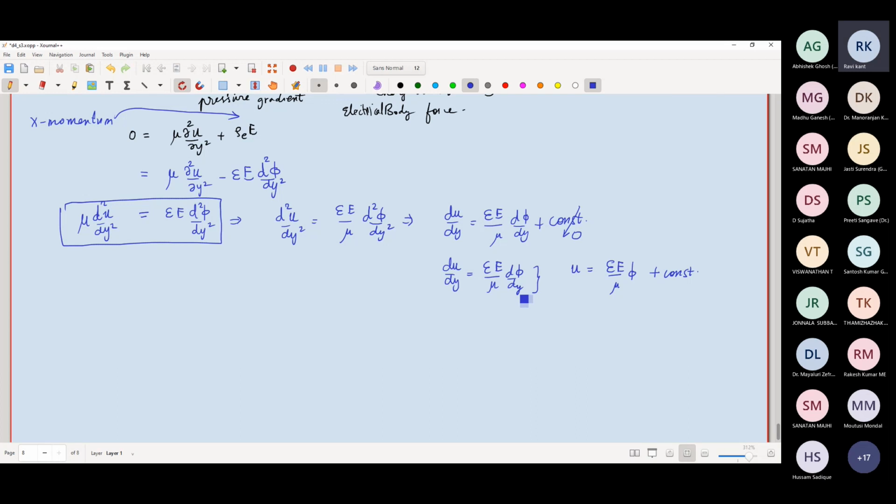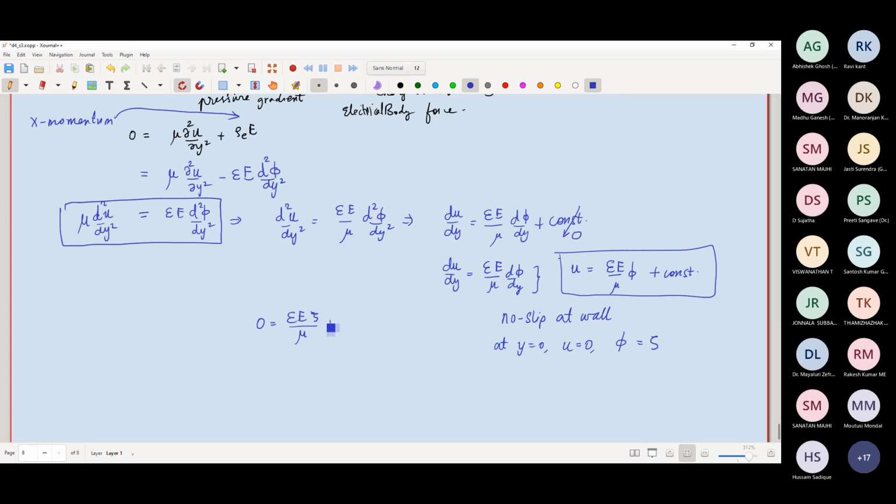No slip at wall. So we can apply the no slip boundary condition at the wall, where we can say that at y equal to 0, u equal to 0, and phi equal to zeta. Very good. So when we apply this over here, we have 0 is equal to epsilon e zeta over mu plus constant.